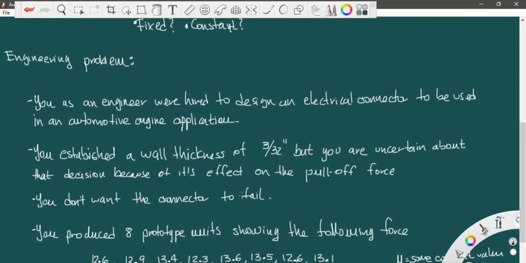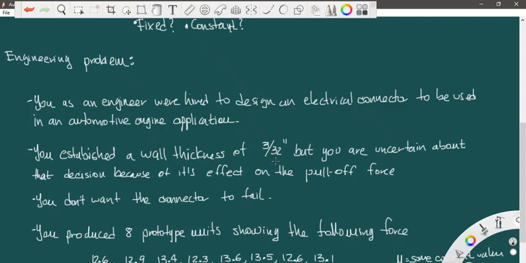When you are working with your design, you establish a wall thickness of 3/32 of an inch in that connector, and you say, okay, let's work with this thickness.